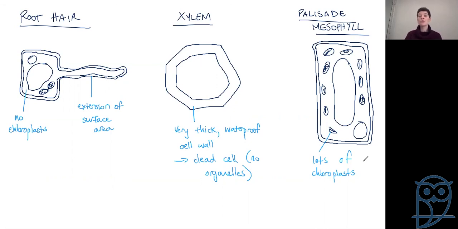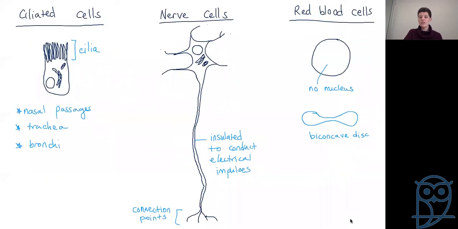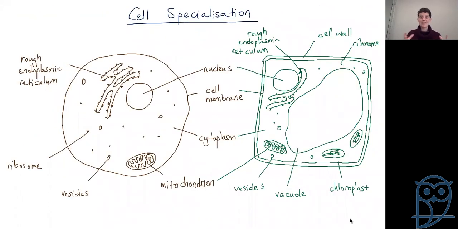So all of these you're going to meet in greater detail as you go through the course. But it's important to have a good idea that life does not revolve around this basic generalized cell. Actually, many of the cells that we deal with have far funkier shapes because then they're actually able to do their job.